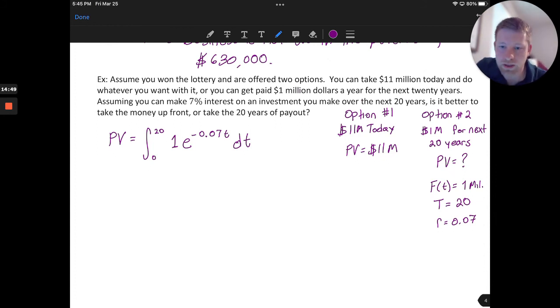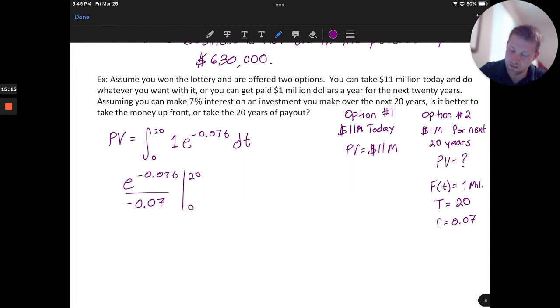Now again, let's go ahead and take our antiderivative of this exponential. We're going to rewrite my exponential, and then in this case, we can just divide by the derivative of the exponent, again since that is linear, so negative 0.07. And we're evaluating here from 0 to 20. We'll go ahead and jot this out.